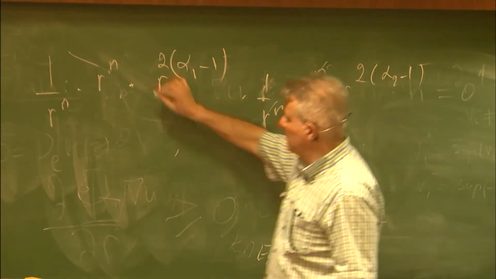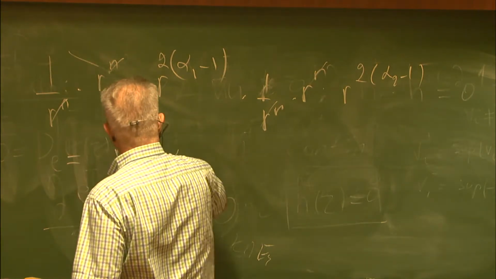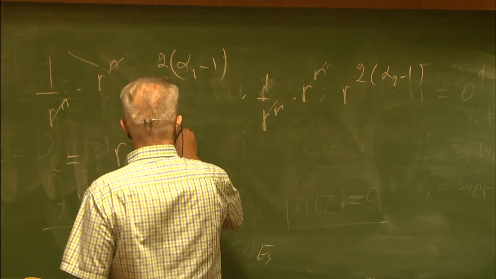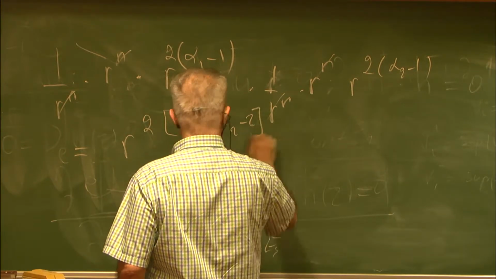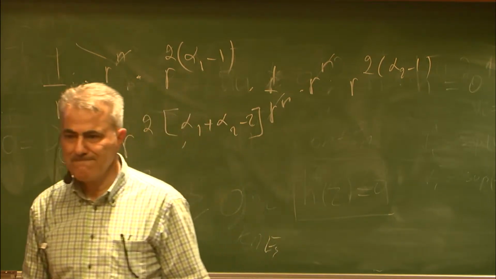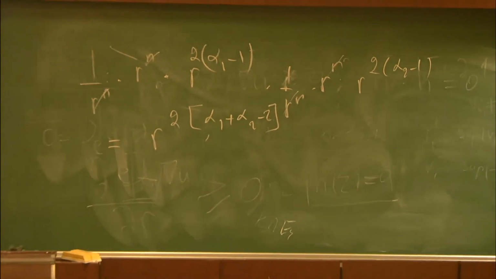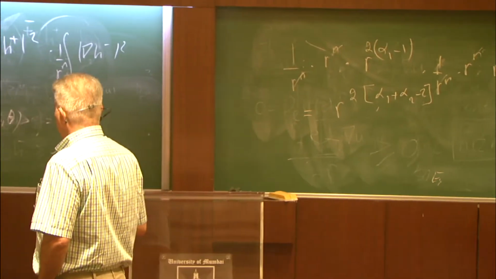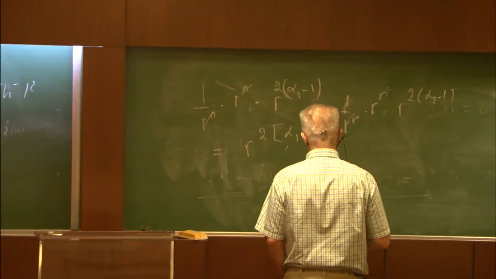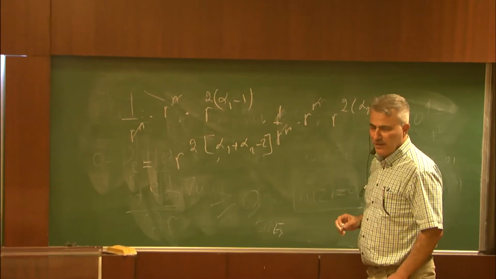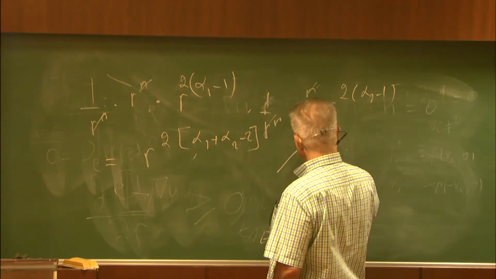They cancel, and you get r to power 2 times alpha 1 plus alpha 2 minus 2. Okay, and I claim, if I have computed everything correctly, this is monotone.